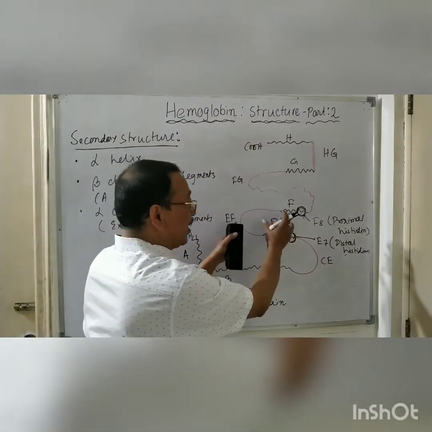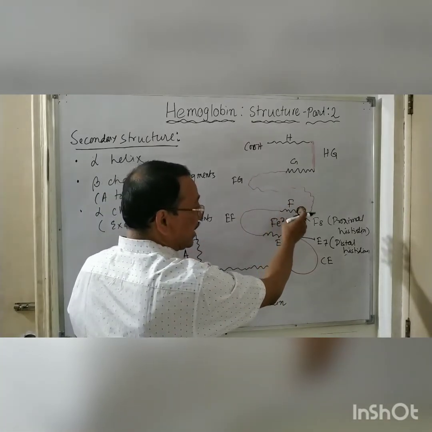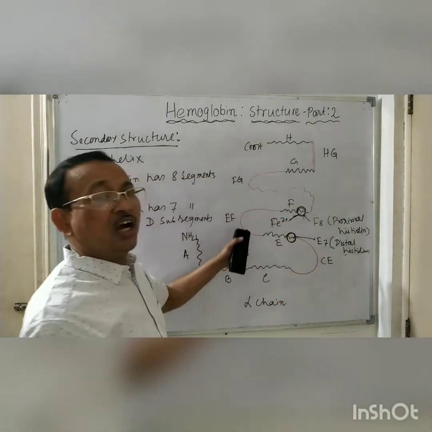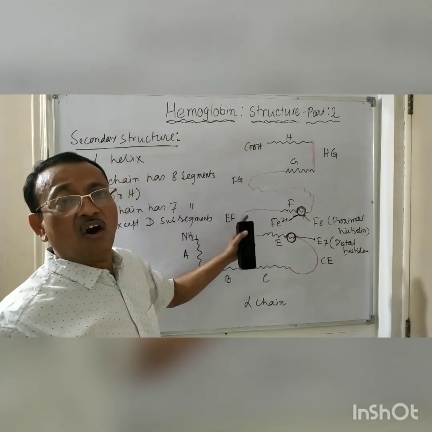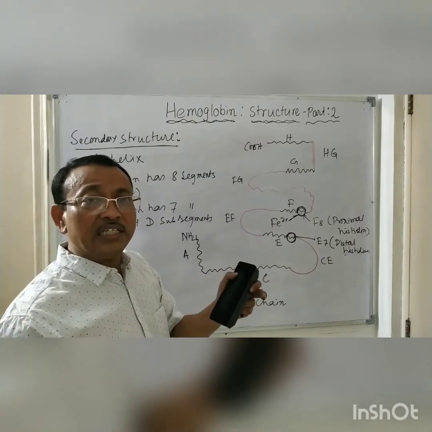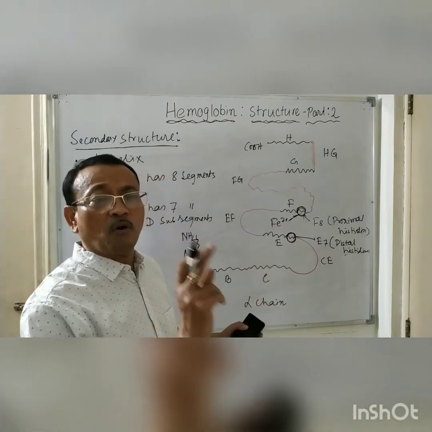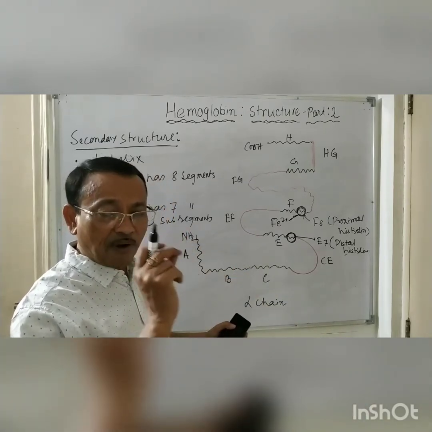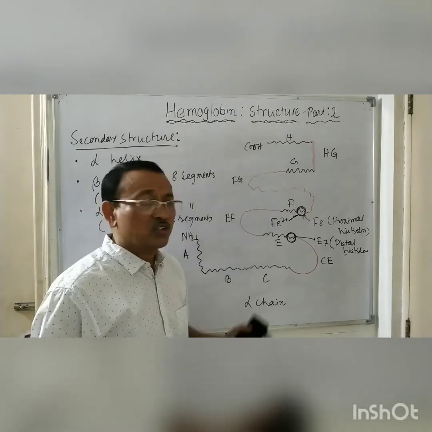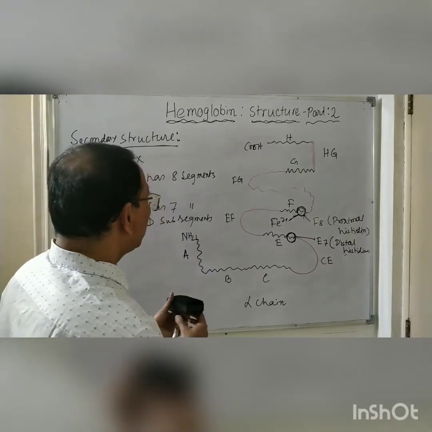In this way, the ferrous ion of the heme molecule gets attached with the F8, or proximal histidine, of the alpha chain or the beta chain, and thereby each globin molecule is linked with one protoporphyrin ring, that is, the heme molecule. So this is about the secondary structures of the hemoglobin.